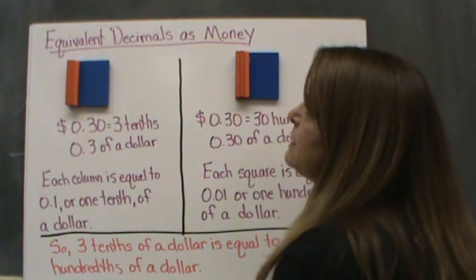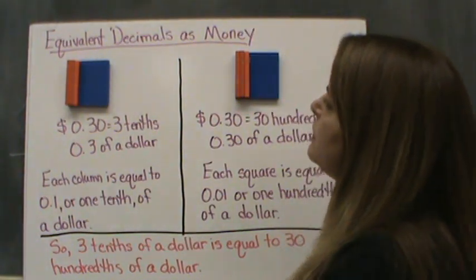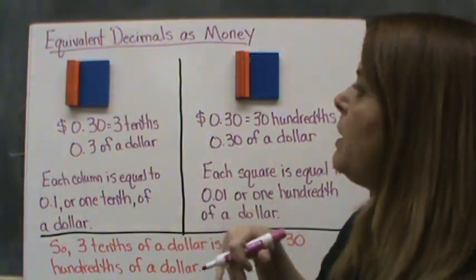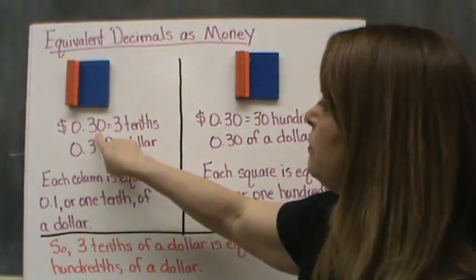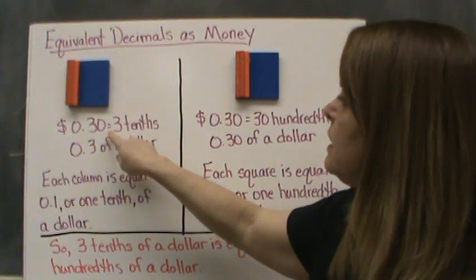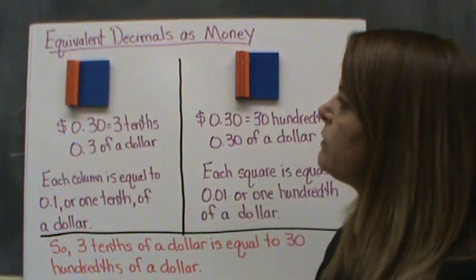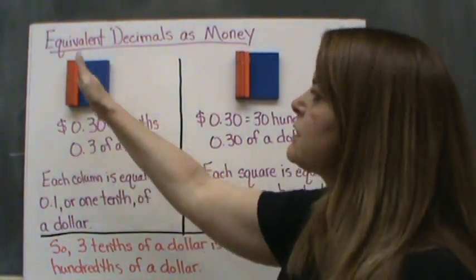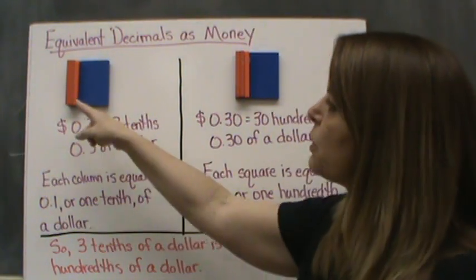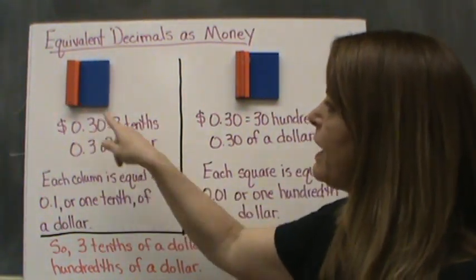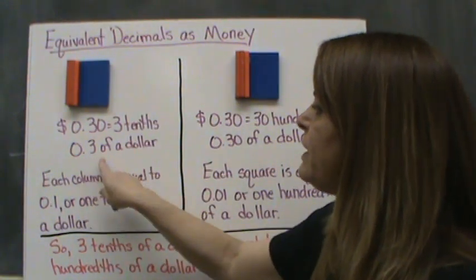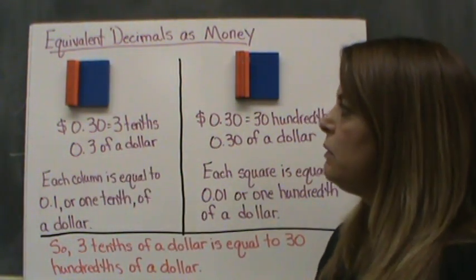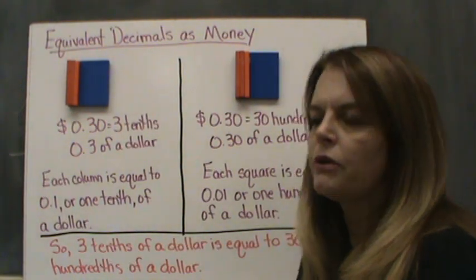A lot of times we see decimals used in money, so let's look at equivalent decimals as money. I have no dollars, and 30 cents equals 3/10. I'm looking at this as columns. 3 of my columns are orange to represent my 3/10, and it's 0.3 of a dollar. How much is 3/10 of a dollar?